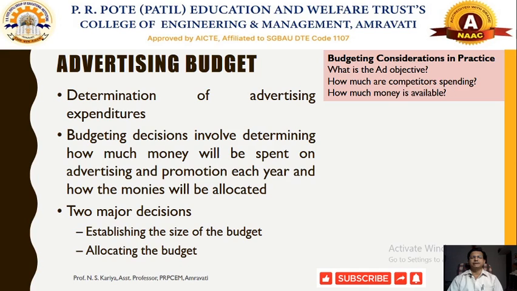In these budgeting decisions, we determine how much money is going to be allocated to place the advertisement or promotion throughout the year in different media. While conducting advertising budgeting decisions, there are primarily two major decisions we take into account: establishing the size of the budget, that is, how much the overall advertising budget would be, and allocating the budget appropriately in the different media so that we can tap the targeted audiences very effectively.